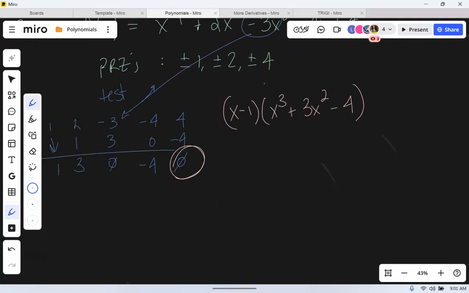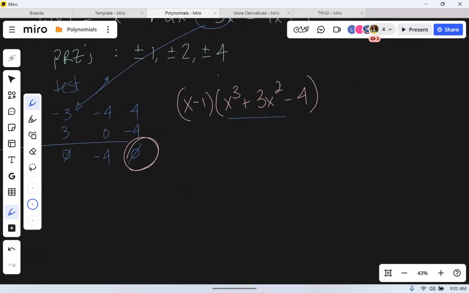Do we all agree that I have to now factor this? Do you know how to factor that? But it's not a quadratic. Good guess, though. If that was x squared plus 3x minus 4, yes. But it's a cubic. I'm going to have to PRZ it again. So I'm going to have to do this PRZ process all over again.